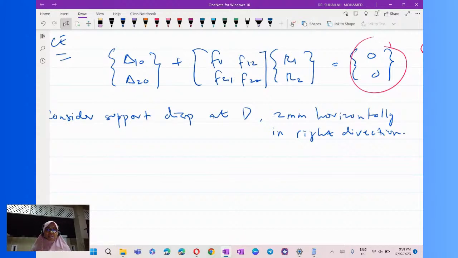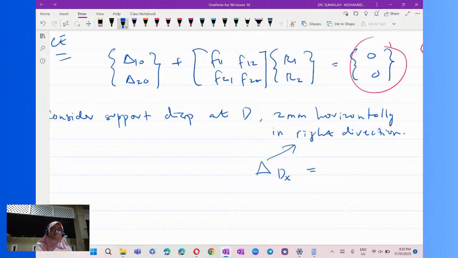The first thing to understand is that the easiest way to solve this is by choosing the redundant. This one is delta at D, the horizontal displacement, horizontally or X, it doesn't matter.